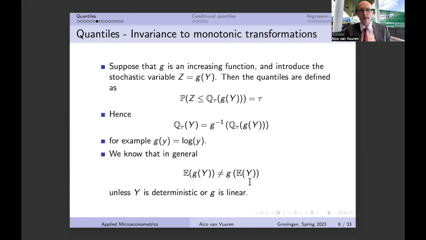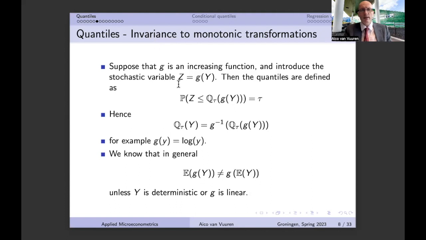Sometimes what could be very difficult with respect to standard regression might be easy when we look at quantiles, or quantile regression. That has all to do with some particular characteristics that quantiles have that are not true for means, and that's invariance to monotonic transformations.